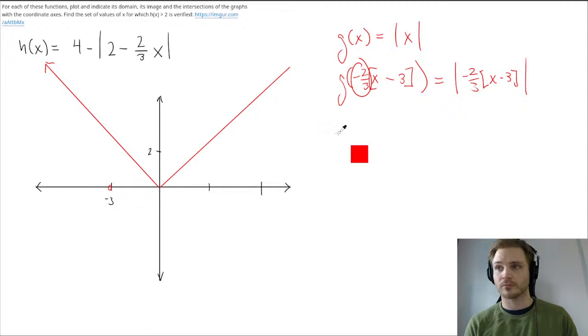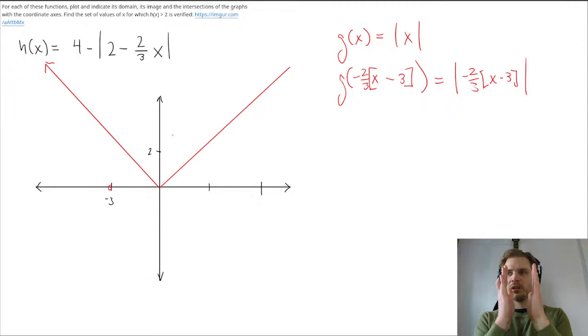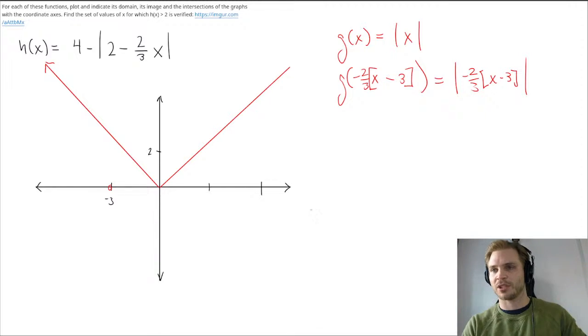So first, let's do the shrink first. So we need to shrink it this way, or no, I'm sorry, stretch it, because the absolute value of negative 2/3 is between 0 and 1. So I need to stretch it by 3/2, if that makes sense.